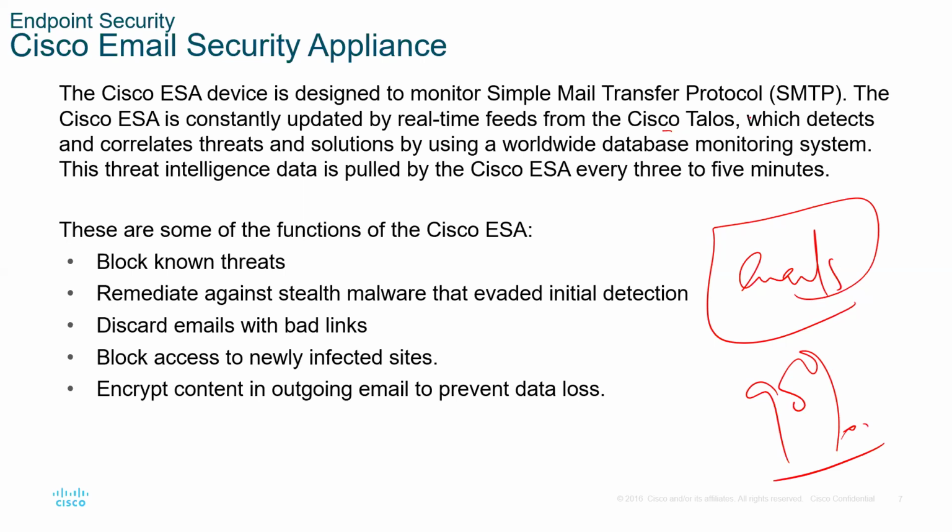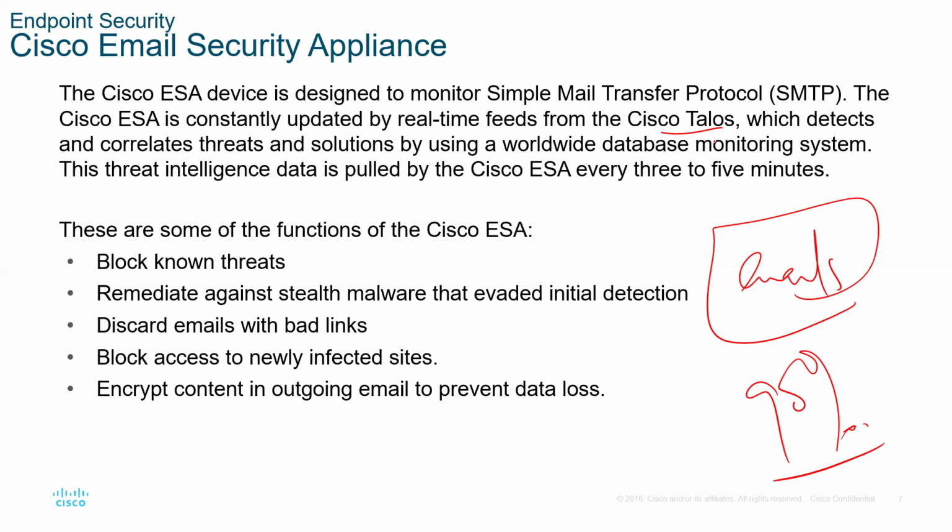Then here we have the Cisco Talos. This is basically a database which is constantly being updated with the latest threats. How do I put it, the signatures? We have threats, and they have signatures. And this Cisco Talos is constantly being updated about new threats.